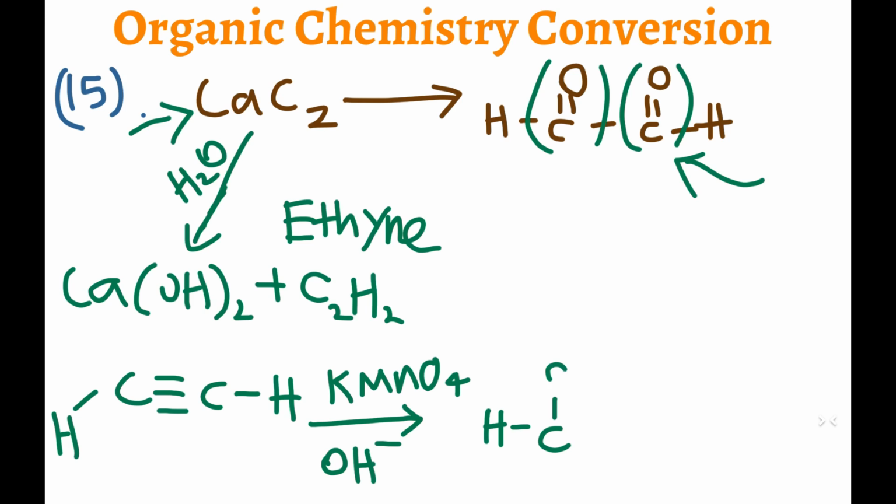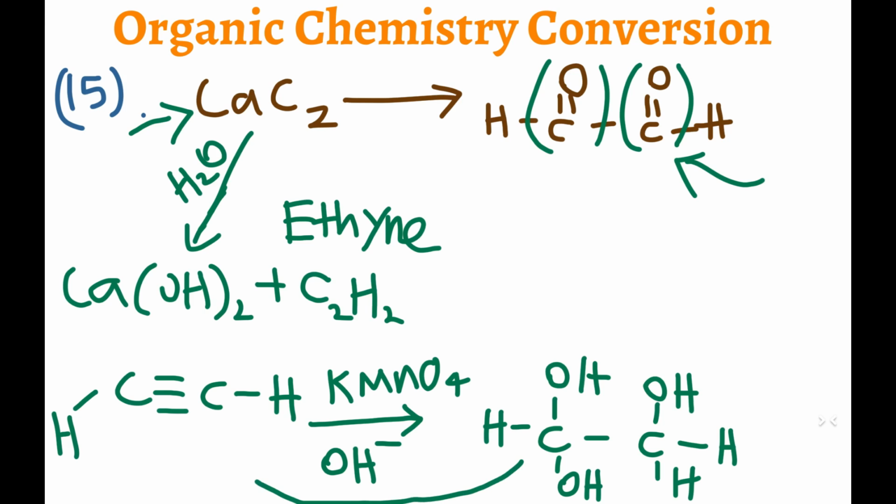You can see one carbon atom comprises two OH groups, just like this. Now you know, when one carbon atom has two OH groups, that organic compound is going to be unstable. This one can be known as an unstable organic compound.